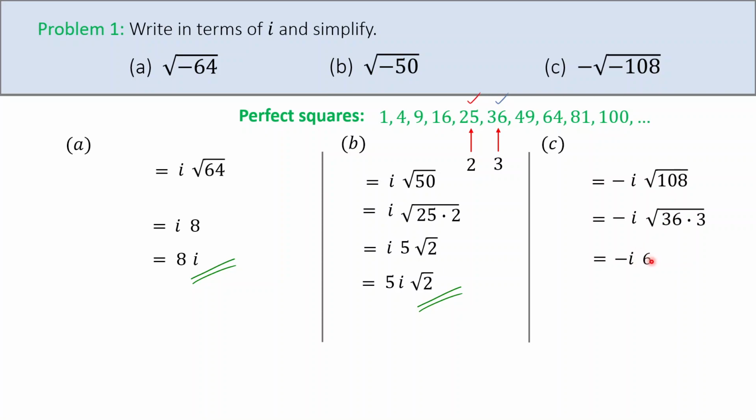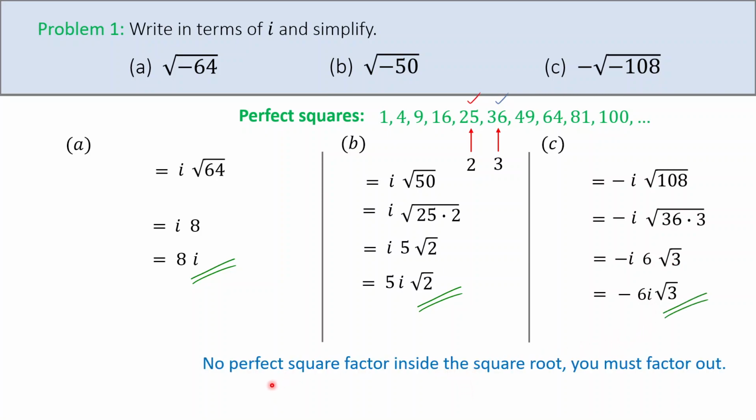You get 6. Square root of 36 is 6. Now you have square root of 3, equal to minus 6, then this I, then this square root. Note that there should not be any perfect square inside the square root. You must factor out.